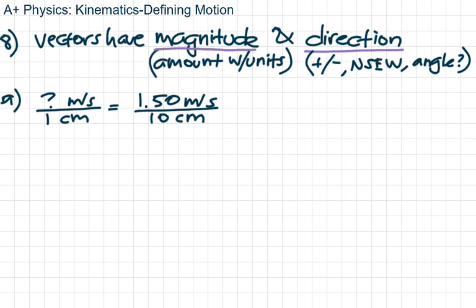If I cross multiply, and I don't really need to because the denominator here is 1, but if I do 1.5 divided by 10, I get that a centimeter is 0.15 meters per second. That's a bit of an awkward scale. I think the official Regents answer that year was not that awkward. But either way, you can use a conversion ratio to solve for x and figure that out.